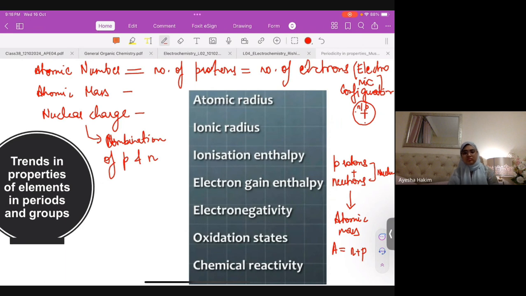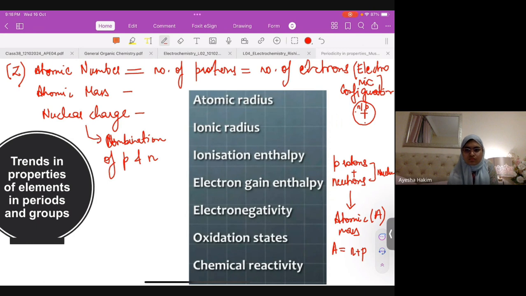The way electrons are arranged in different shells and subshells will be different for different elements, and based on that arrangement they have been arranged into different periods and groups. An atomic number is represented by the symbol Z, like atomic mass was represented by A.